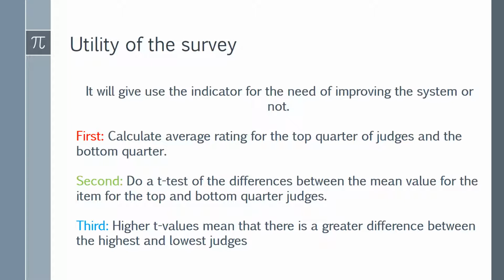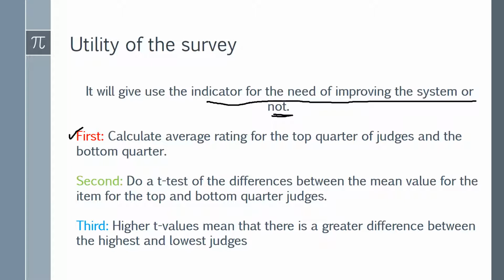The utility of the survey, and this is the last stage. When the survey is done and I have collected all the information from the respondents, it will give me an indicator of whether I need to improve the system or not. So, first step, I have to calculate the average rating from the top quarter down to the bottom quarter.